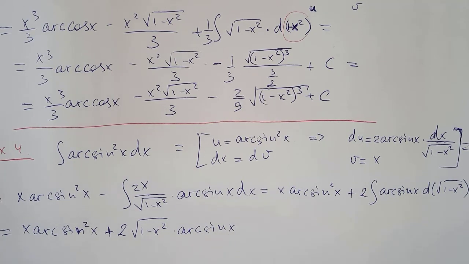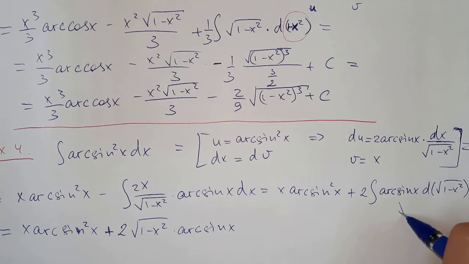And what do we get here? So this is arc sine x times this one, and in the integral we have now v du. So our v is square root of 1 minus x squared, and our du is just the differential of arc sine x, which is 1 over square root of 1 minus x squared. They are cancelled.